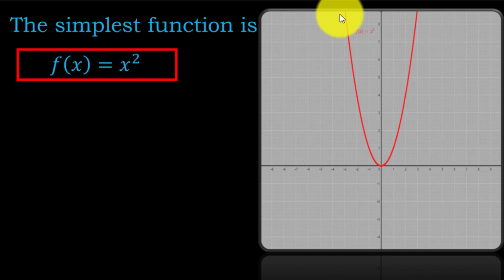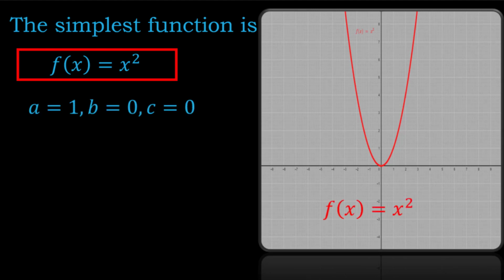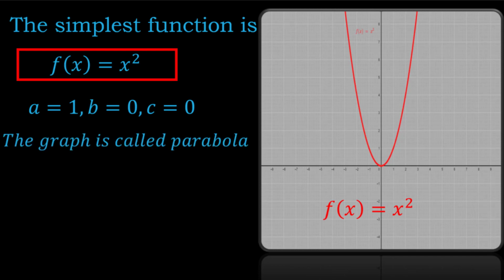If the graph opens up, we have a minimum value of the function at y equals 0. And we have the symmetric line of the graph. It will be the y axis. Its equation is x equals 0. So we have a equals 1, b equals 0, and c equals 0.